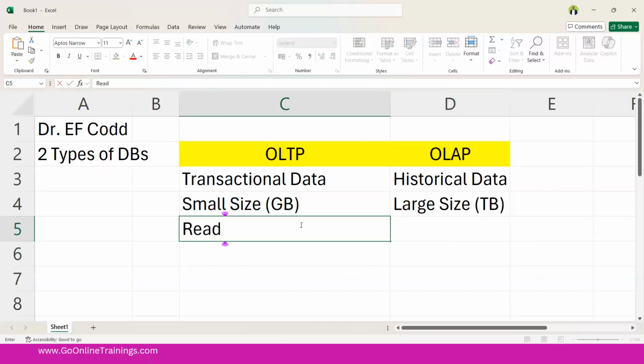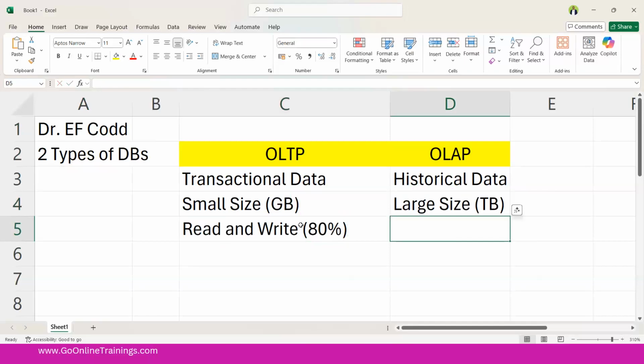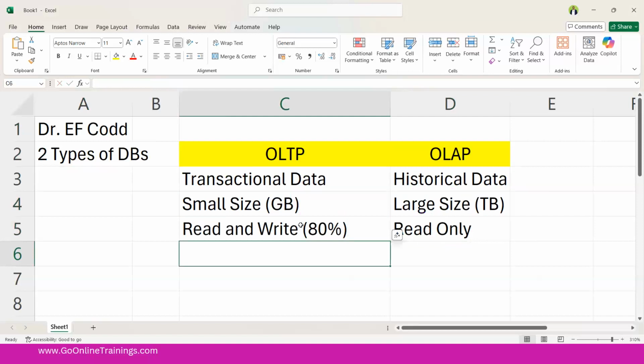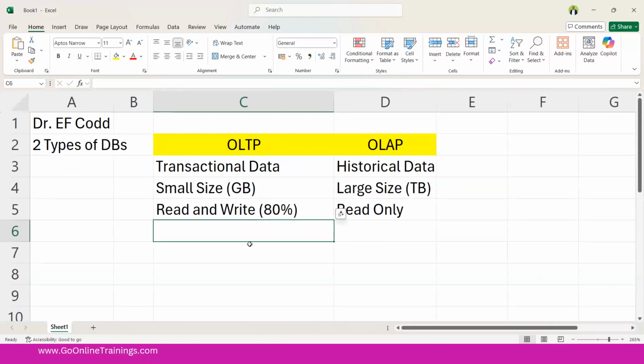Here we are going to be having more read and write data. 80% of the time you are going to be busy with writing the data. So OLTP applications are designed to increase writing capability. OLAP applications will have read only data. It is going to be designed to read the data. Here normalization is used.